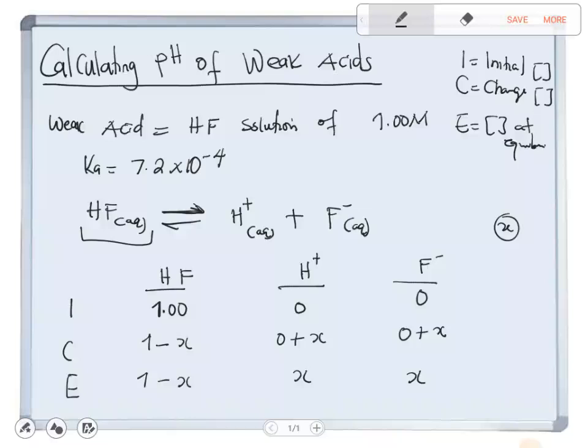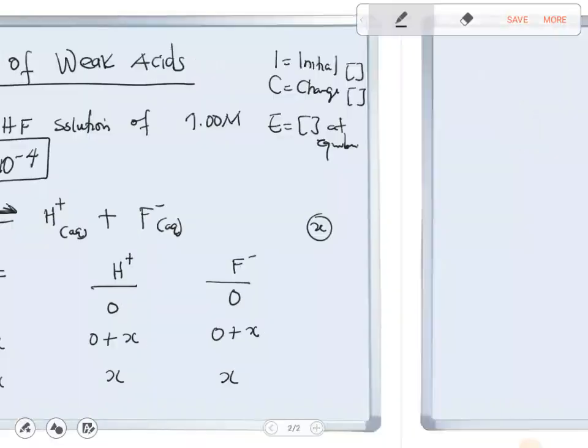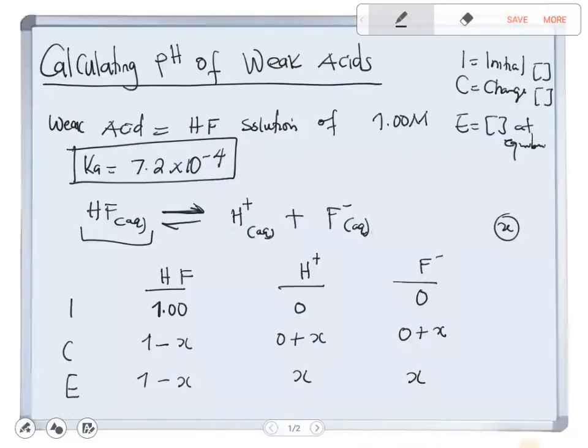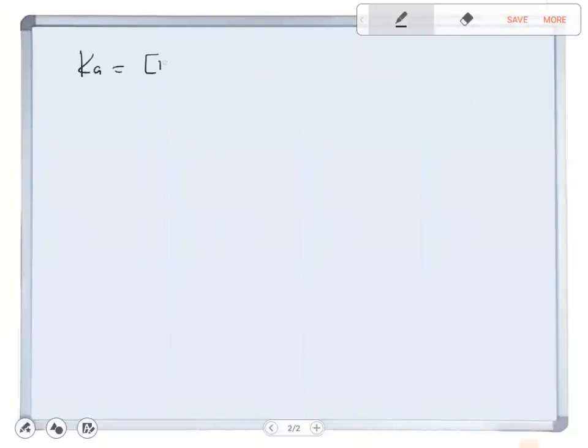Like I said, the reason why they have given us Ka is to write that expression. Ka in this case, because we've got these products, is the concentration of the hydrogen ion multiplied by the concentration of the fluoride ion, over the concentration of the hydrogen fluoride. Remember, the concentration for water, you ignore it. This is at equilibrium, by the way.